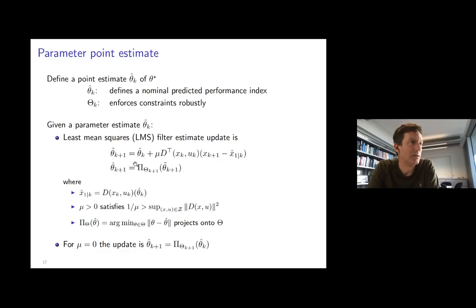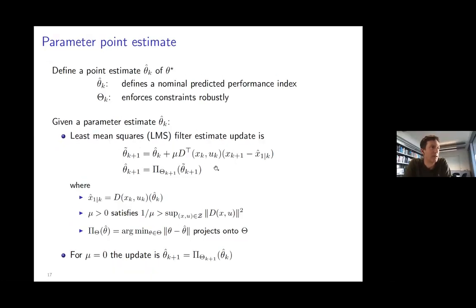So we use an LMS filter to determine an updated point estimate based on our current point estimate and the current state measurement, and then we combine this with the parameter set that we've developed using this set-based parameter identification method by simply projecting this estimate onto this set. So we take the closest theta within our current parameter set estimate to this recursive least squares estimate, and we use that to define our current point estimate.